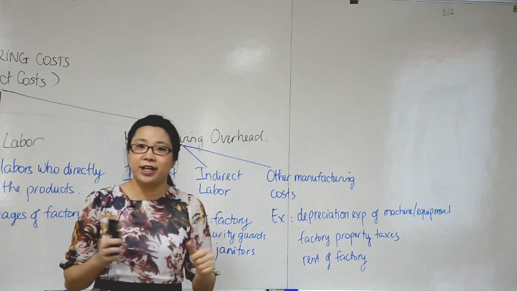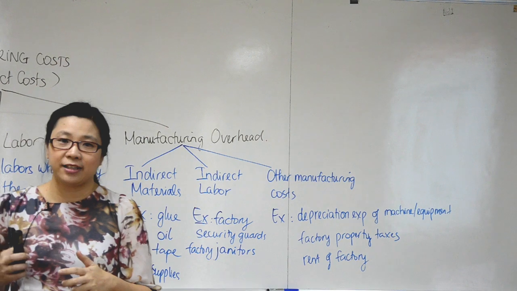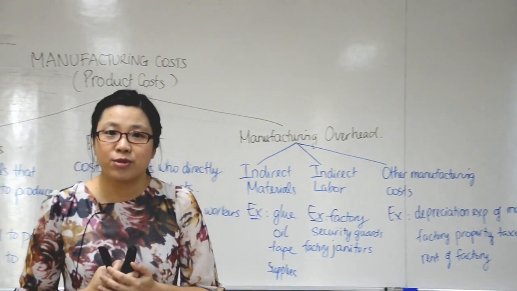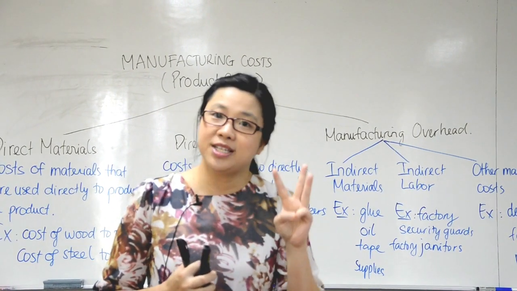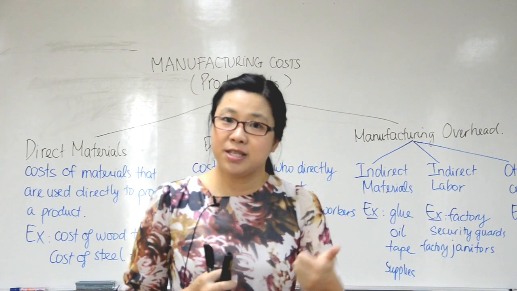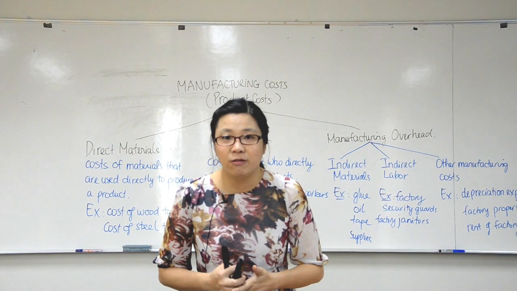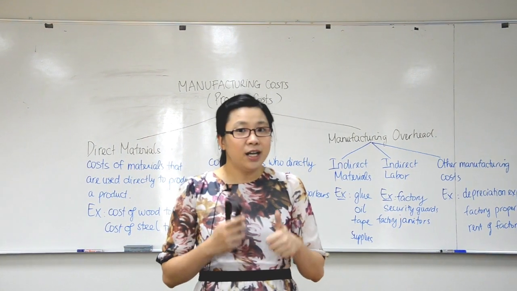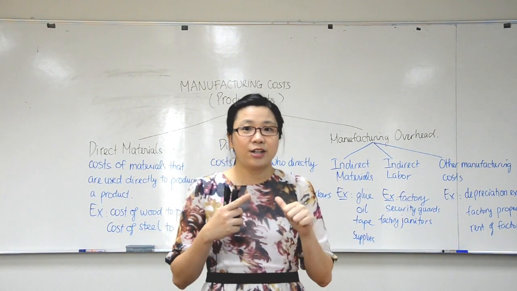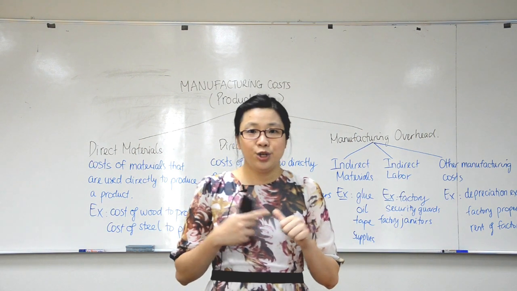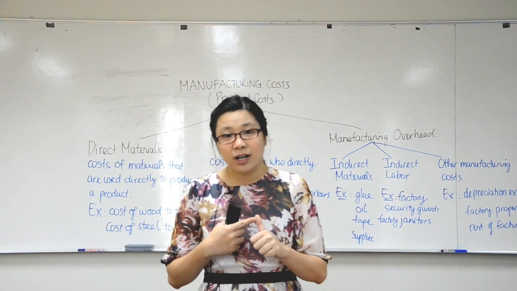Now let's summarize again. Remember, manufacturing costs include three types of costs: direct material, direct labor, and manufacturing overhead. Direct materials are the costs that are used directly to produce the products.